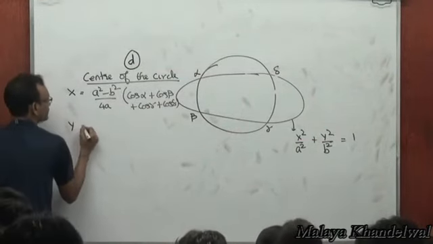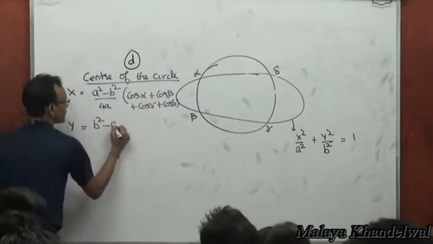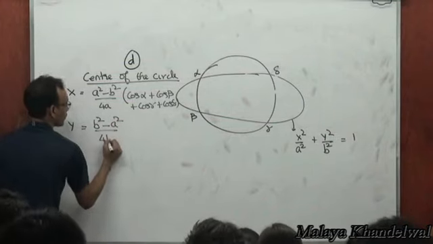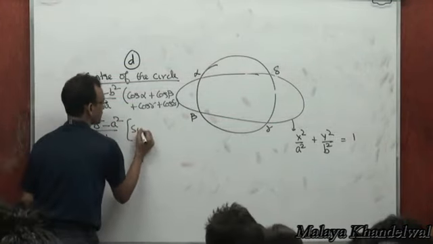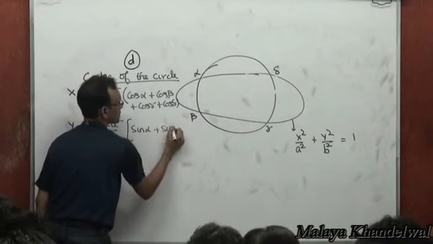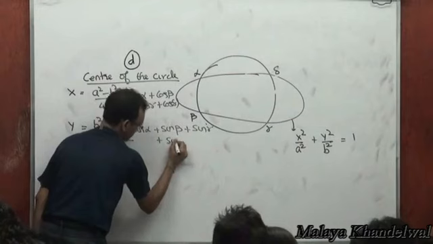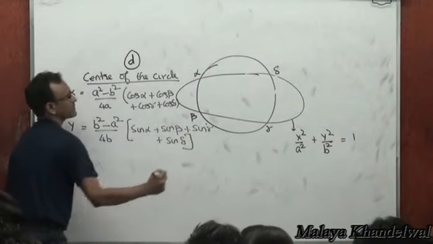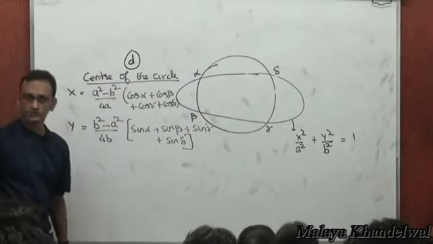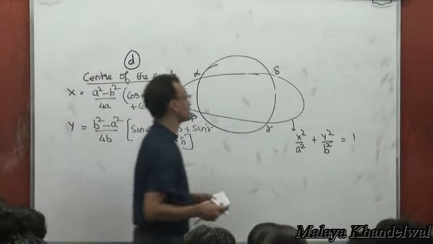And the y coordinate of the center is now the sine. Same thing, sine alpha plus sine beta plus sine gamma plus sine delta. That's the y coordinate of it. Yes or no? You know this? Now we have a special situation here.